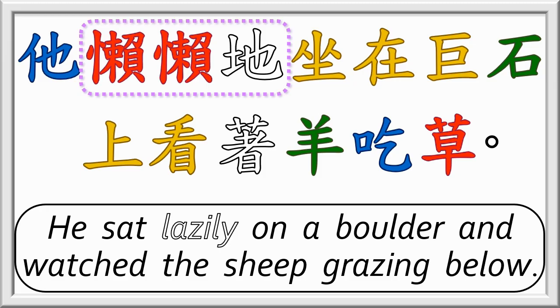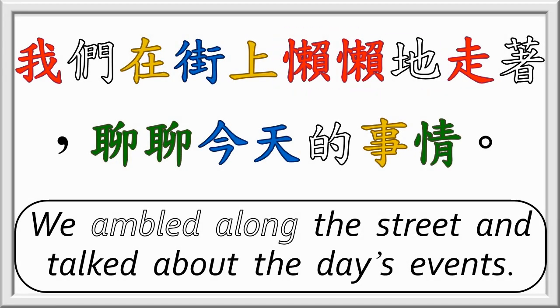他懒懒地坐在巨石上看着羊吃草. He sat lazily on the border and watched the sheep grazing below. 我们在街上懒懒地走着，聊聊今天的事情. We ambled along the street and talked about the day's events.